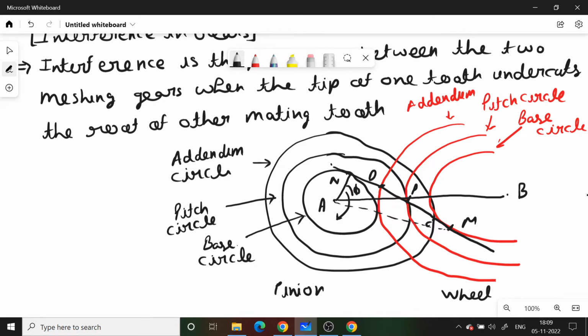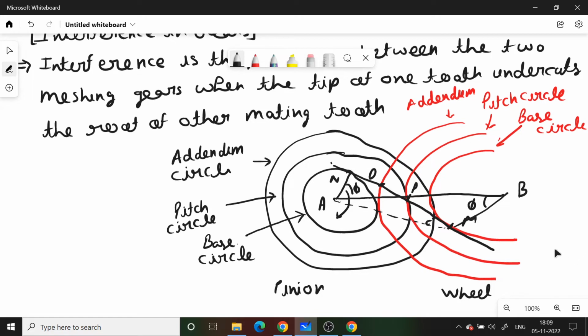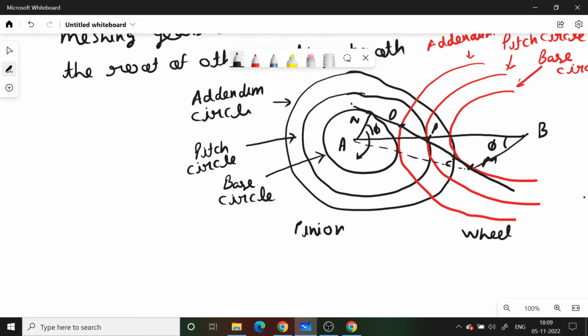This angle is the pressure angle phi. So from right angle triangle APN, PN will be equal to AP sine phi, and AP is the radius of the pitch circle of the pinion.